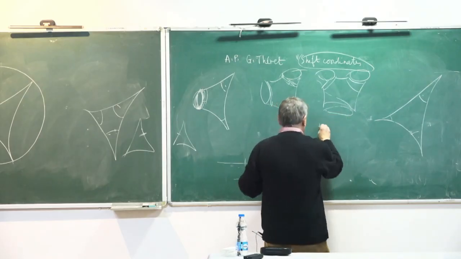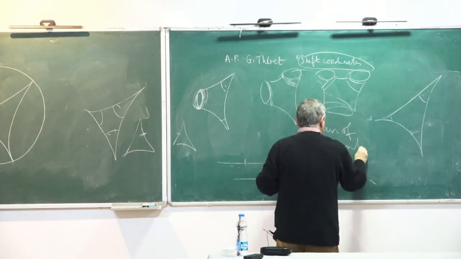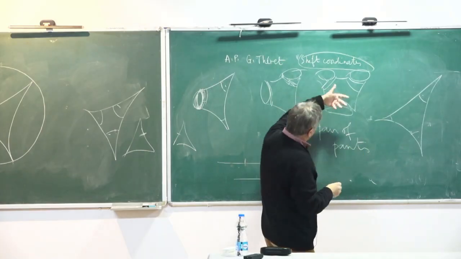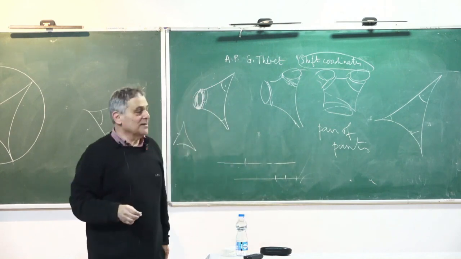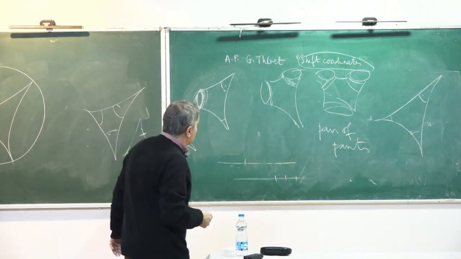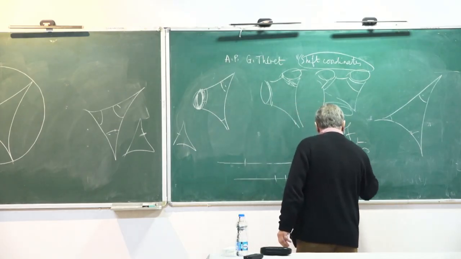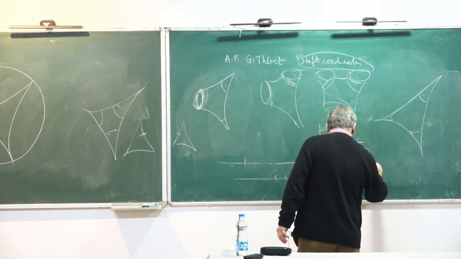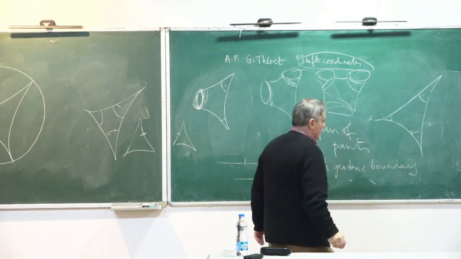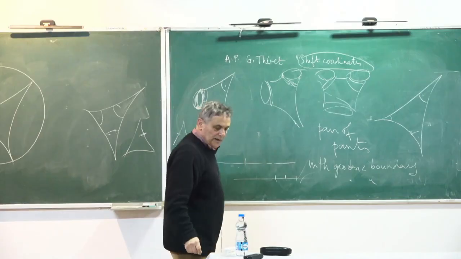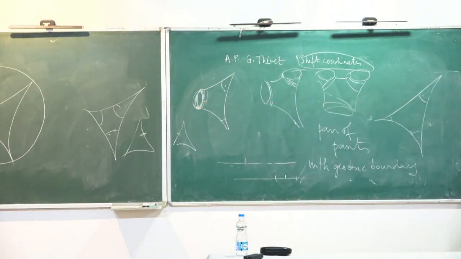This is called a pair of pants. To see that it's a pair of pants, you must revert it. Pair of pants with geodesic boundary.